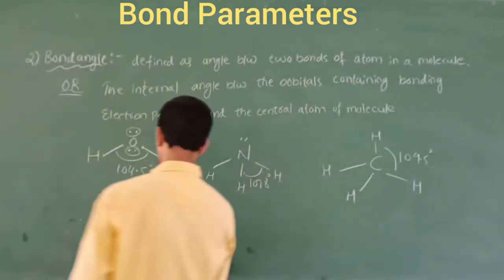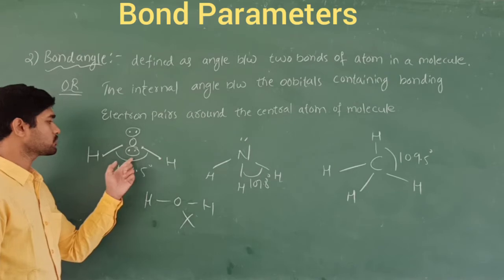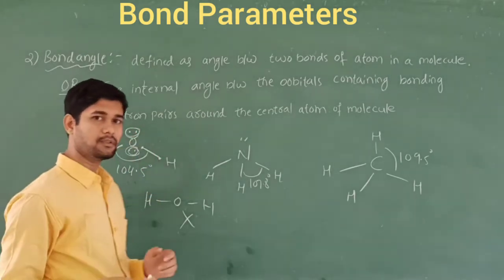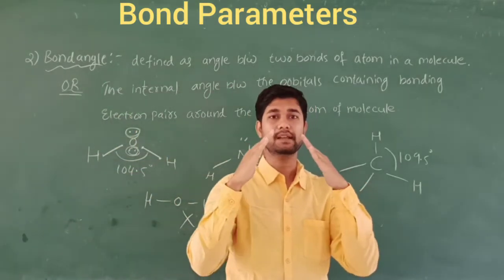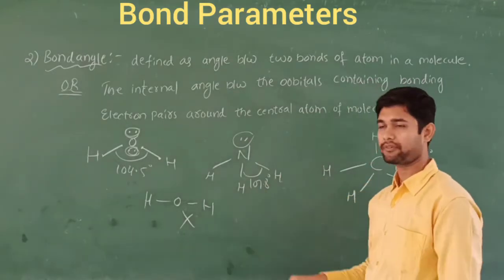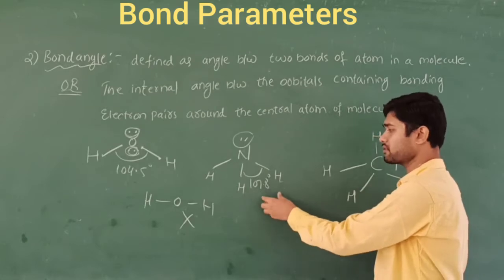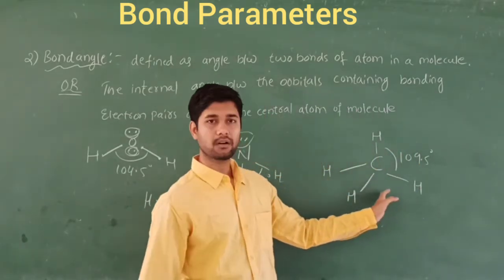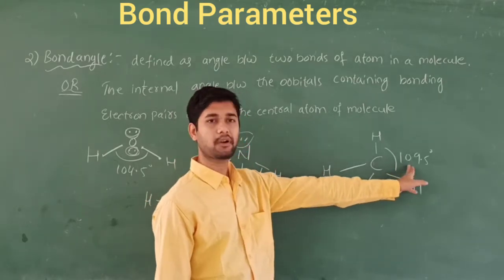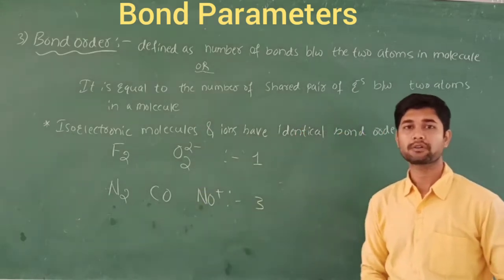We are not going to write the water molecule in a straight manner, because of the presence of the lone pairs of electrons on the oxygen atom, the molecule is slightly bent. In ammonia, due to the presence of only one lone pair of electrons, the angle slightly increases from water to 107.8 degrees. But in methane there is no lone pair of electrons, that's why it is 109.5 degrees.